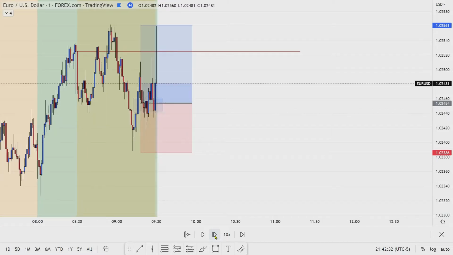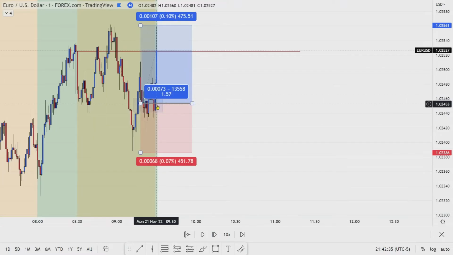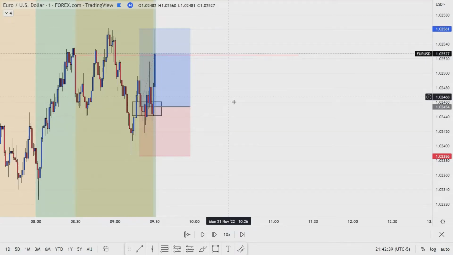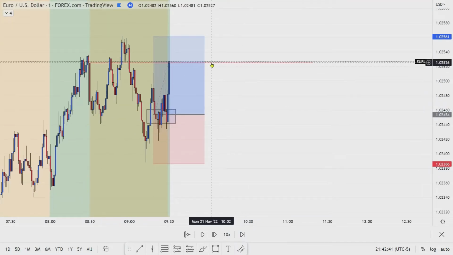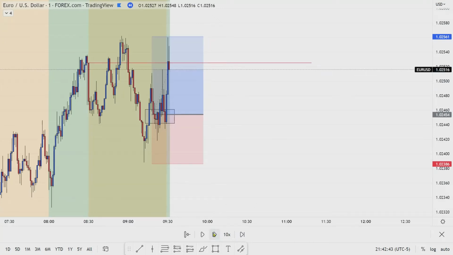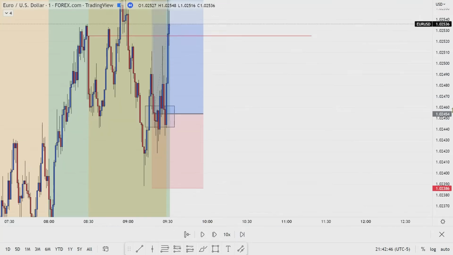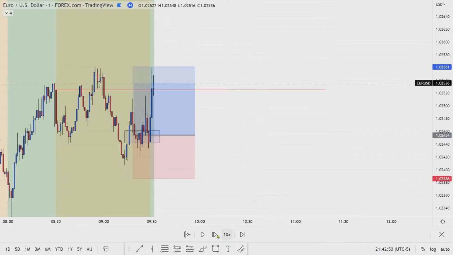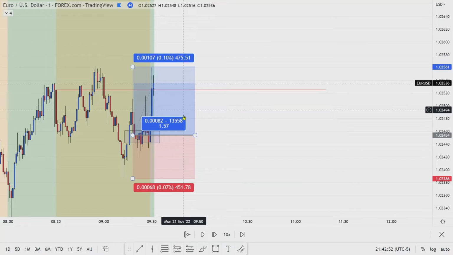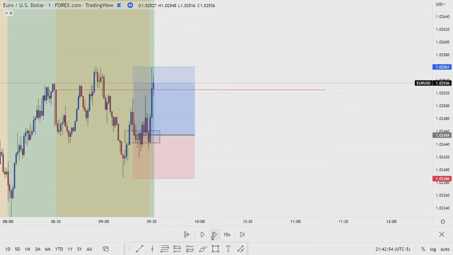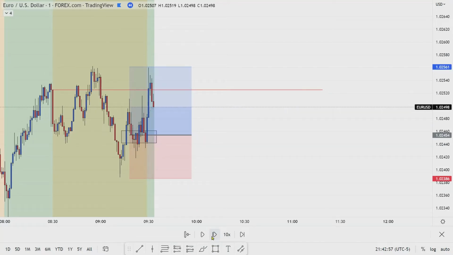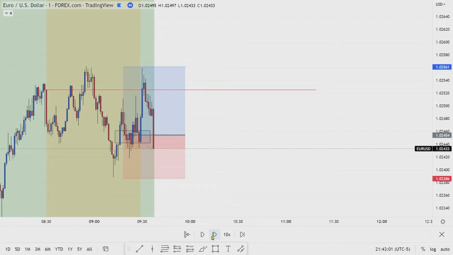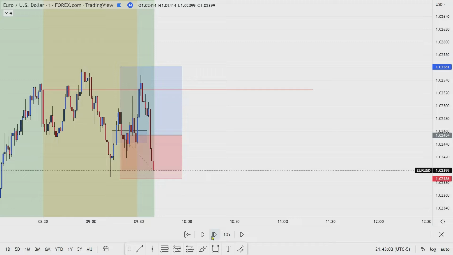Then it goes back into a loss, but eventually it goes up into our target, not hitting the target yet. There's still a little bit there, so we would just assume that we're still in the trade until it completely fills the whole thing. So it goes back down, and it goes into the negatives.